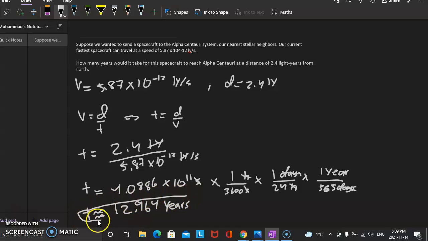And that's it. We get approximately 12,964 years for the spacecraft to take from Earth to Alpha Centauri at 2.4 light years, going at 5.87 times 10 to the negative 12 light years per second. Thank you.